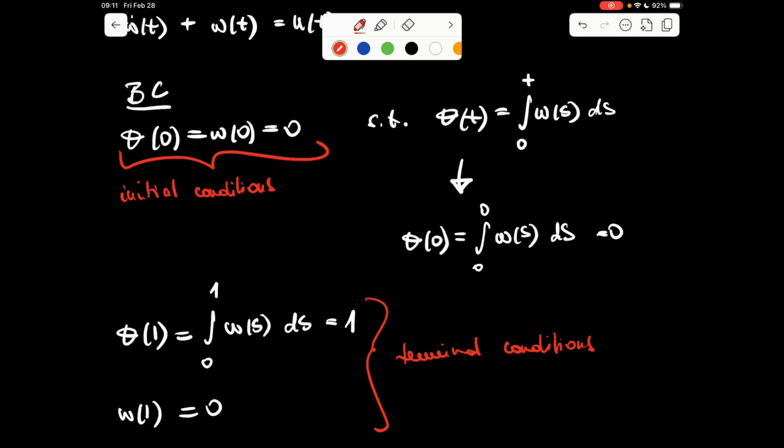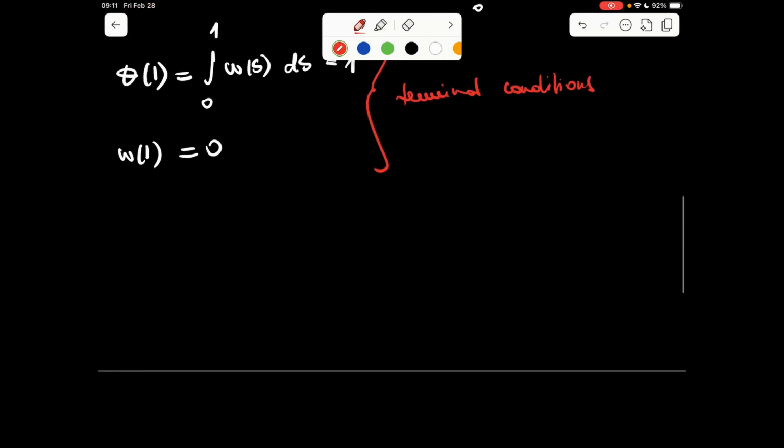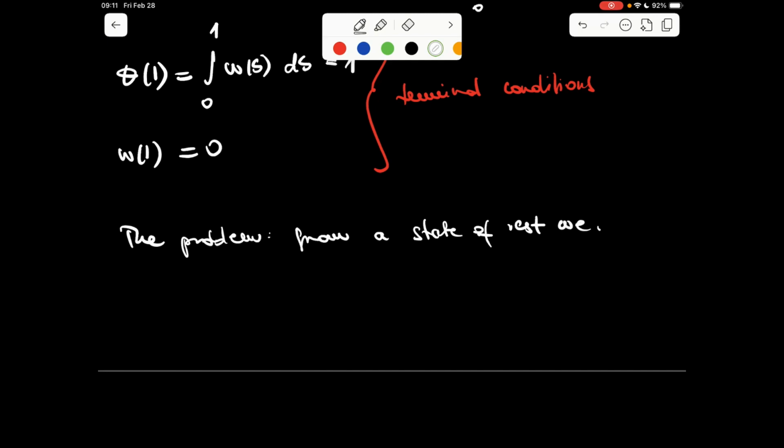All right. So the problem is, from a state of rest we go to a state of rest.